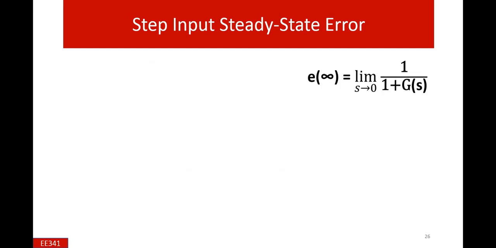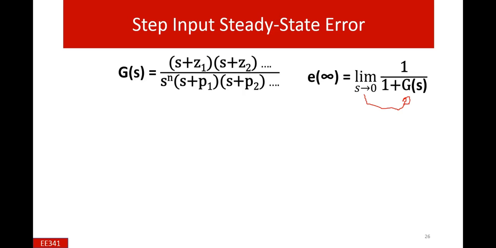Let's observe the same result in a more generic situation. This is the value of the steady state error for a step input: the numerator is 1 and the denominator is 1 plus the open loop transfer function, and when we apply the limit, this gives some constant value.